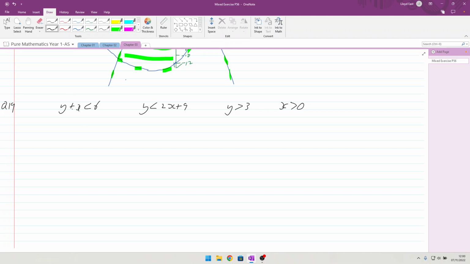Okay, quick rearrangement on the first one so that we get y is less than minus x plus 6, putting it as y equals mx plus c. So we need a plus 6, we need a plus 9, y is 3. Okay, not a huge axis on this one.